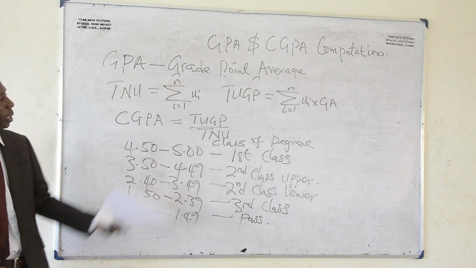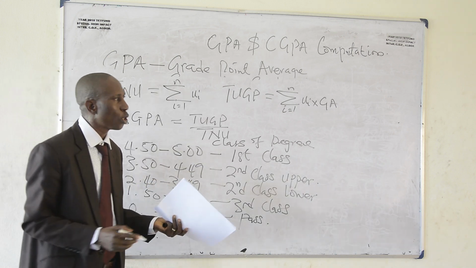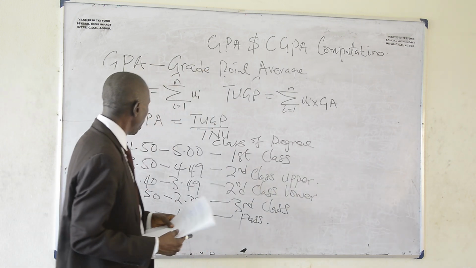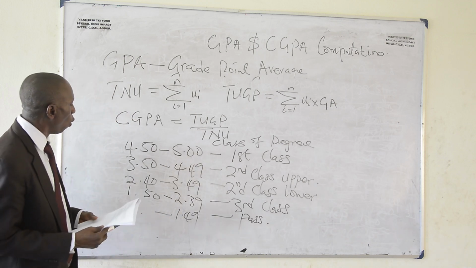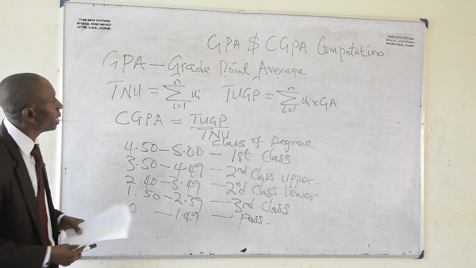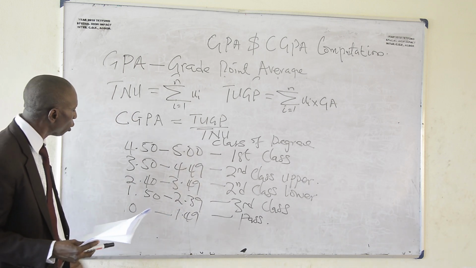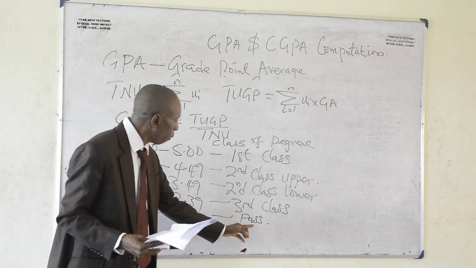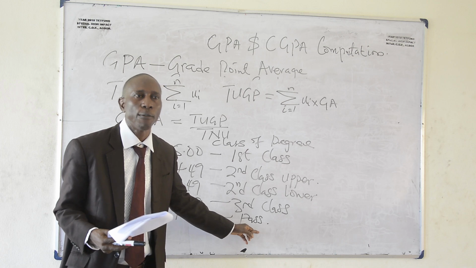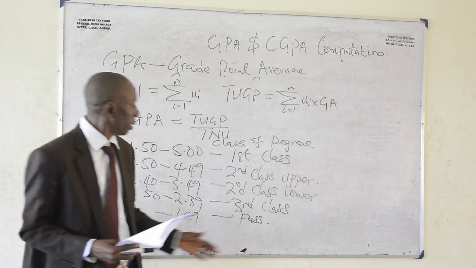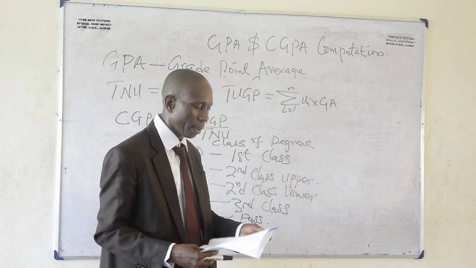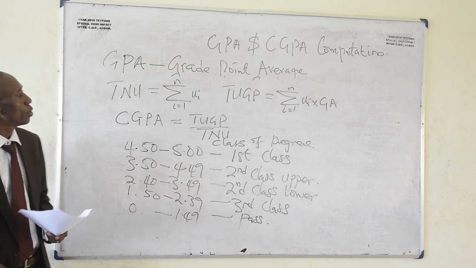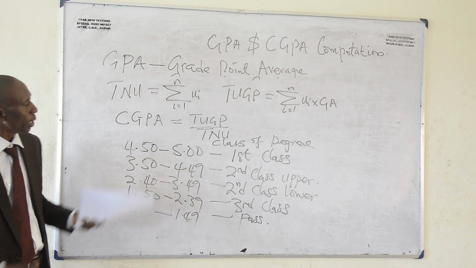But this class of degree is subject to NUC. Since we are using 1.0 as E in our GPA computation, a 0 to 1.49 is likely to fall into the class of pass as class of degree. So that brings us to the end of the lecture.